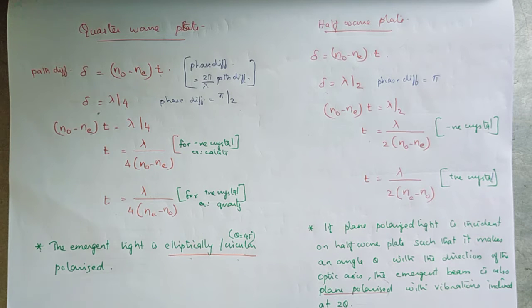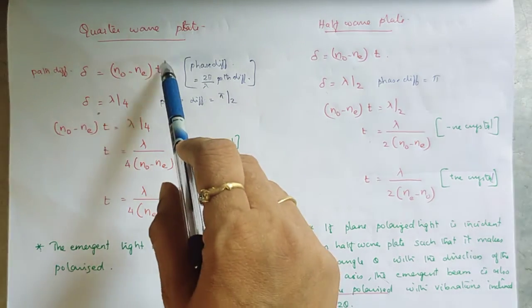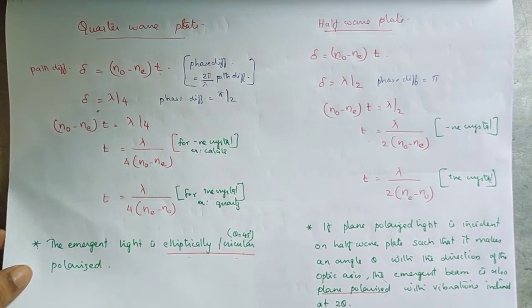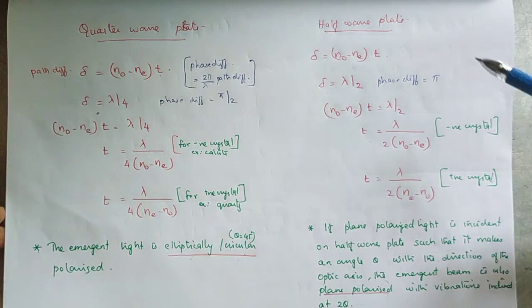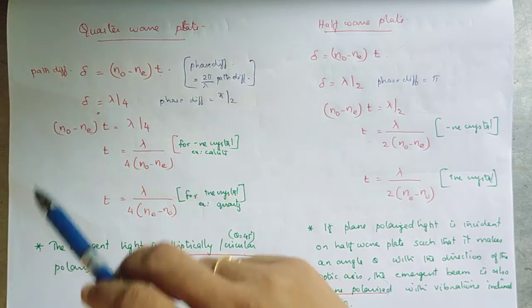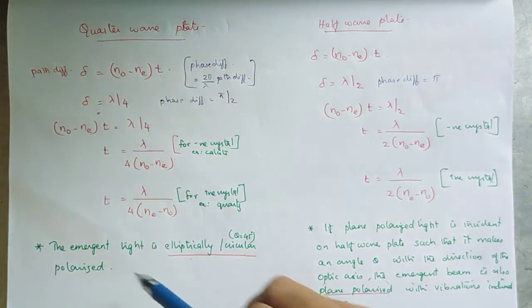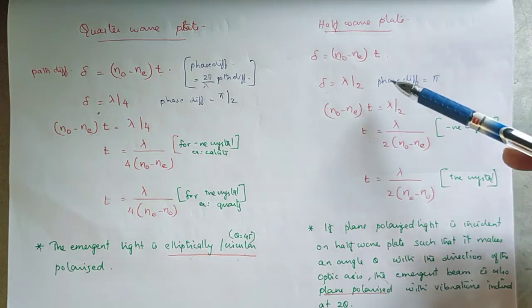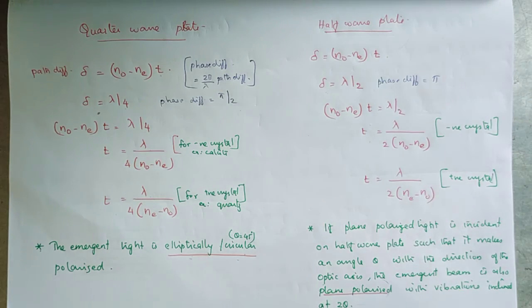Okay. So elliptically polarized light we can generate by using the quarter wave plate, and plane polarized light we can produce using the half wave plate. When the path difference is equal to lambda by 4, we will get a quarter wave plate, and when the path difference is equal to lambda by 2, we will get a half wave plate.